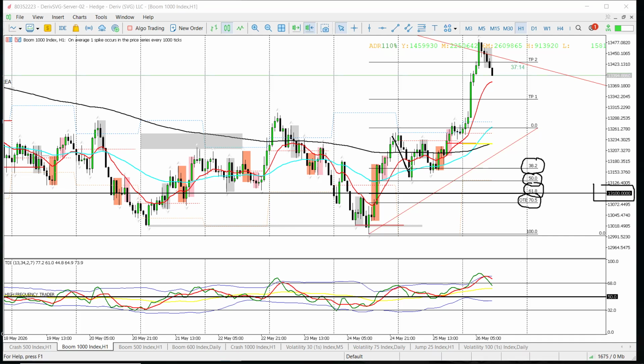So price finds the first support on this order block here, also finds support on the 50 EMA, then they push up but fail to break this order block. Keep that in mind. Second thing is price comes again and finds support on the same 50 EMA. So we do agree that price is finding support of 38.2.